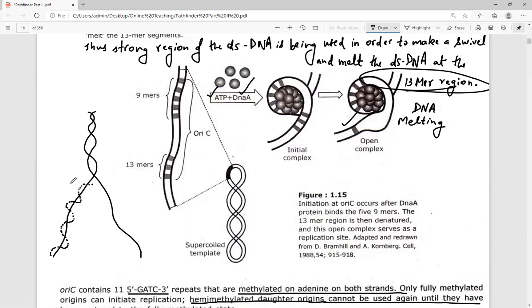But the new DNA molecule that has been biosynthesized will be hemimethylated, whereas the old DNA molecule will be fully methylated. The old DNA molecule will be fully methylated, and the new DNA molecule will be partially methylated only. So this is old DNA, fully methylated.